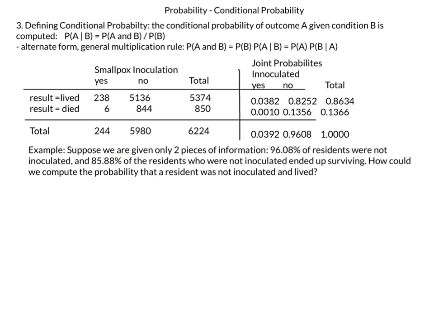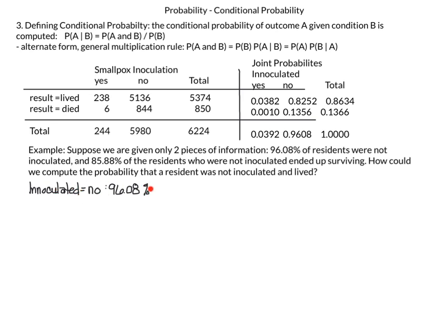Suppose we're given only two pieces of information. 96.08% of residents were not inoculated, and 85.88% of those residents who were not inoculated ended up surviving. How could we compute the probability that a resident was not inoculated and lived? Our first piece of information is that 96.08% were not inoculated.